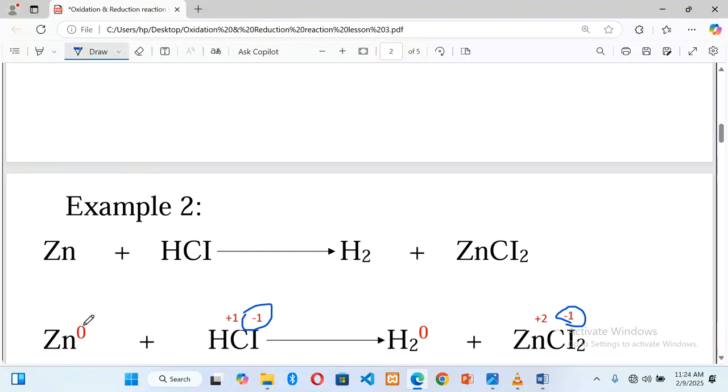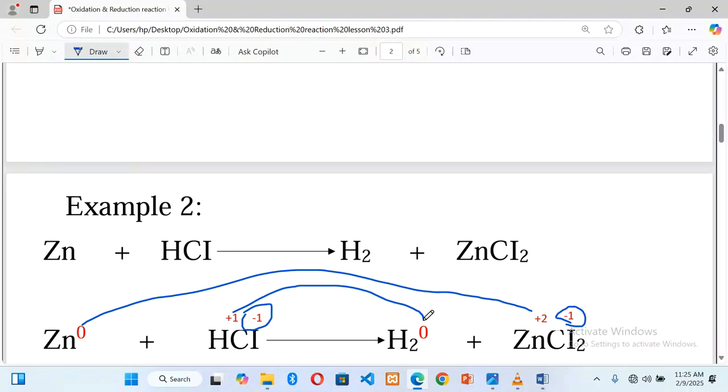While for zinc, we can see it is increasing from 0 to +2. Hydrogen is changing from +1, reducing to 0. So in this case, we say that zinc has been oxidized from 0 to +2, while hydrogen has been reduced from +1 to 0.